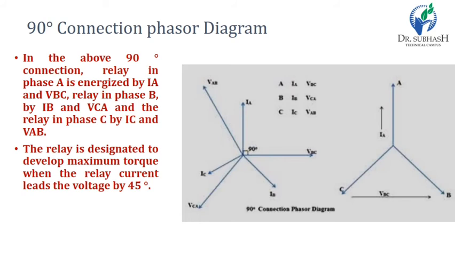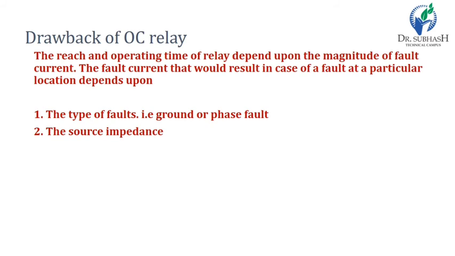The 90-degree connection is designed to develop maximum torque when the relay current leads the voltage by 45 degrees. So in the 90-degree connection phasor diagram, we achieve the maximum torque with the current leading the voltage by 45 degrees. These are the directional relay connections.